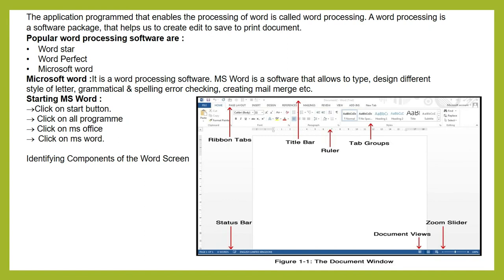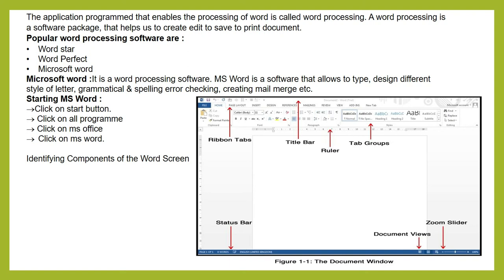The application program that enables the processing of words is called word processing. A word processor is a software package that helps us to create, edit, save and print a document.